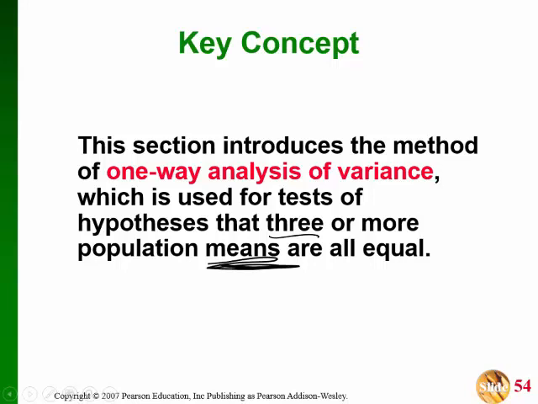And the only test we can do is a test for equality between the means. So again, like the other null and alternative hypotheses in this section, we're going to be restricted to just looking at one null hypothesis and one alternative hypothesis. I think that makes our examples easier when we do our problems.